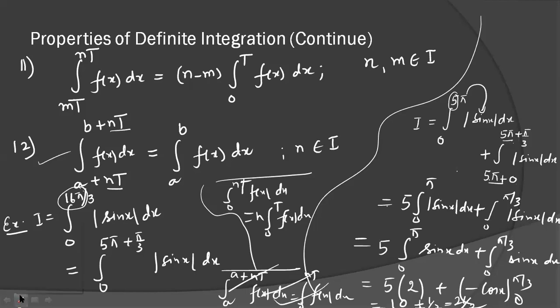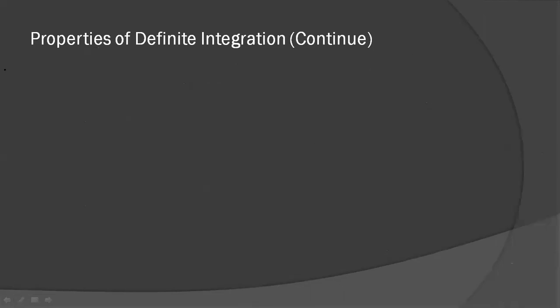One more example I have based on the periodic function. The next example is the integral 0 to n of the greatest integer function of x dx over the integral 0 to n of the fractional part function of x dx.